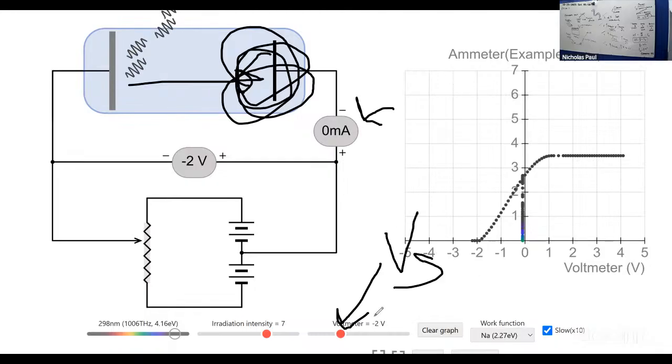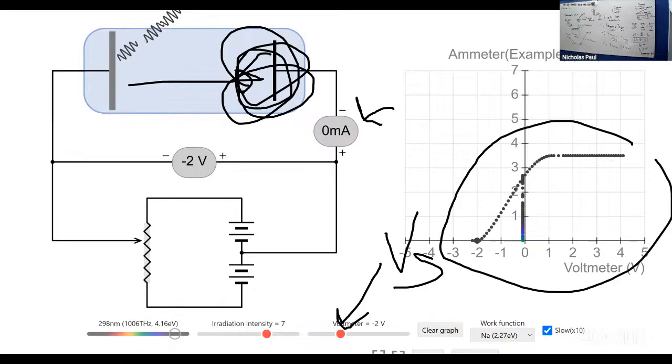Because if I put that back to zero, the electrons are leaving, but with the stopping potential, it stops the electron from reaching the next side. So the electrons might leave plate A, but not reach B. And if it's not reaching B, no electrons will flow in the circuit. Everybody okay with that? What you're observing here is a very special graph of current versus voltage. And that point down there is what we call the stopping potential.